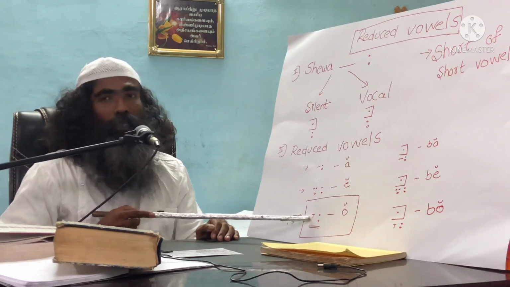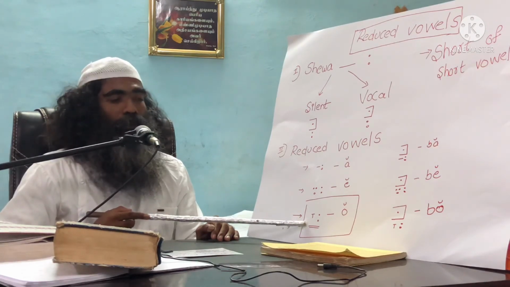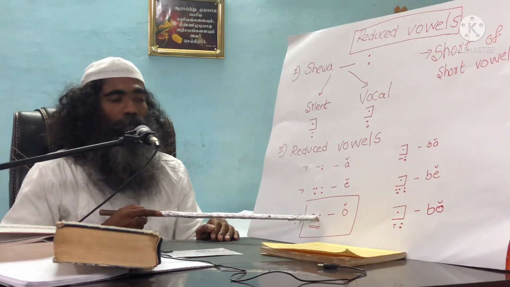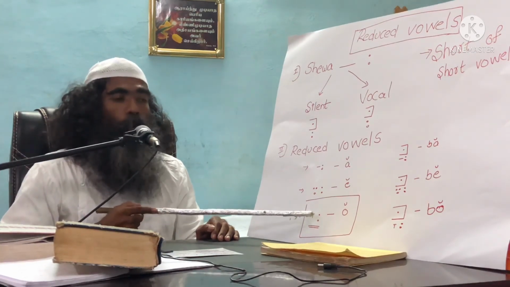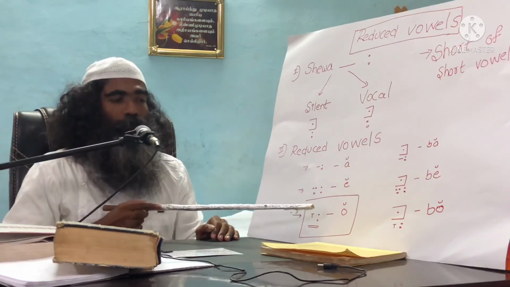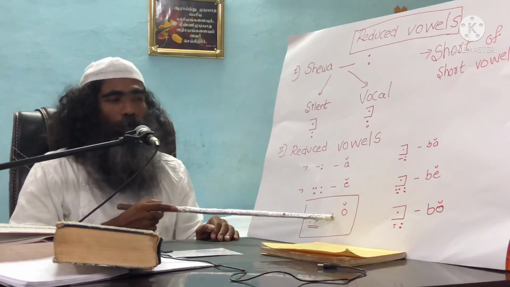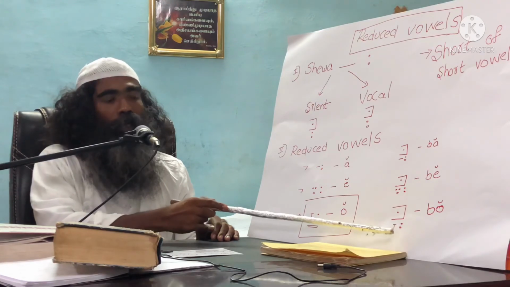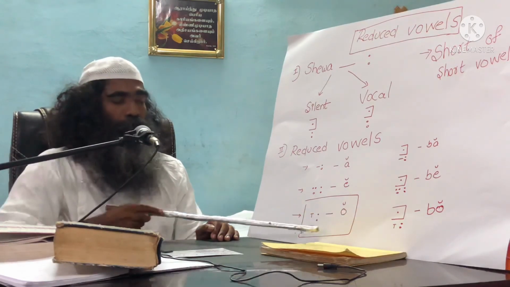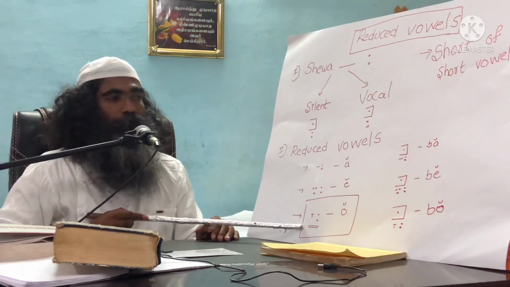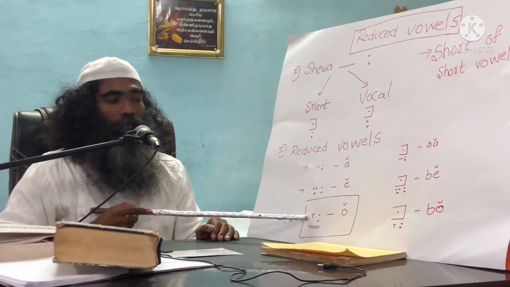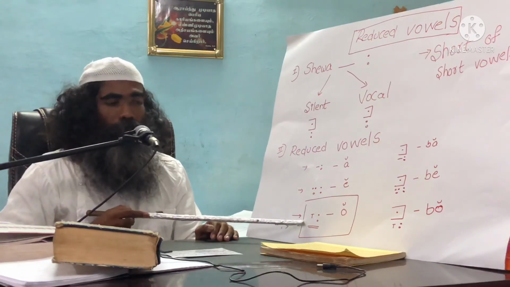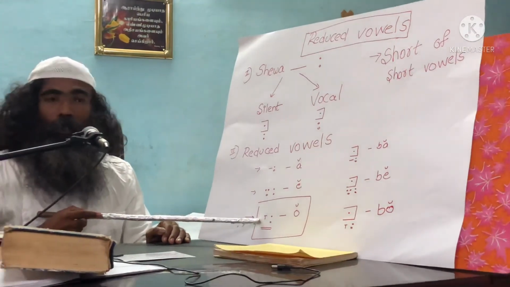Usually this T is pronounced as A, but here a T preceded by a sheva is pronounced as O. A short form of the O vowel. T preceded by a sheva is pronounced as bo. This you have to memorize, because usually a T depicts a long vowel, but here it is pronounced as O.